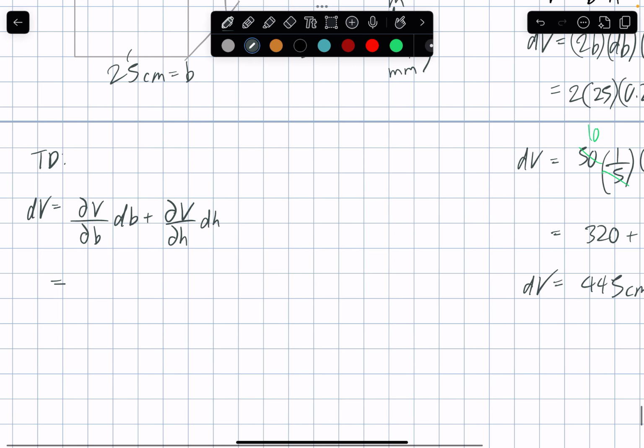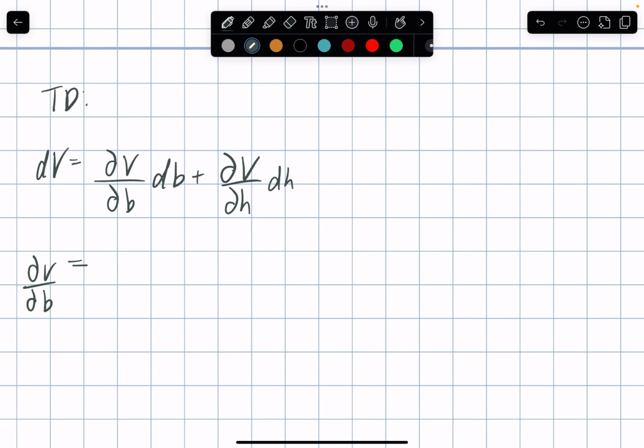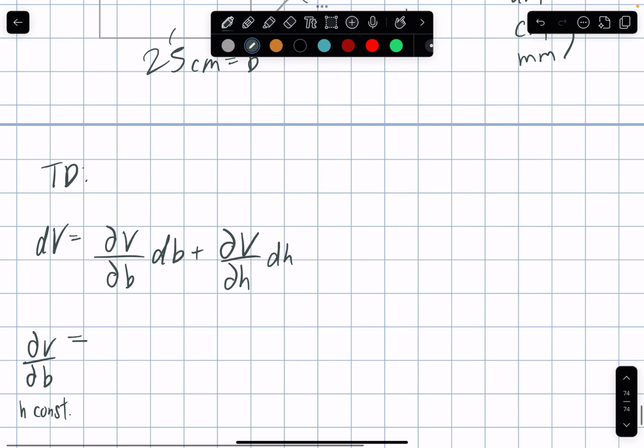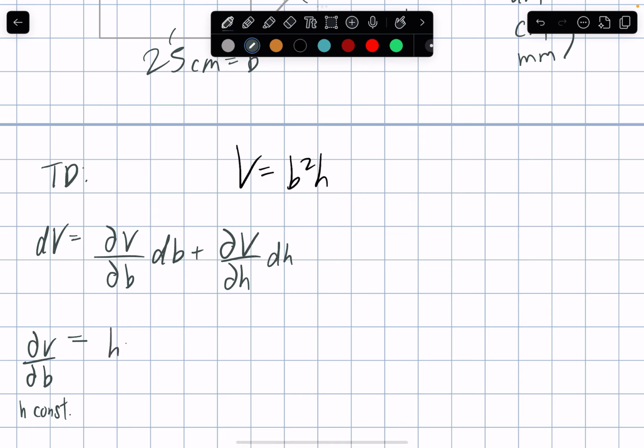So let's first identify what partial V over partial B is. In that case, we are going to render the height as constant. What's our reference? The volume of the shape. Again, it is B squared times H, right? So put the H at the left side, and then the derivative of B squared is going to be 2B.